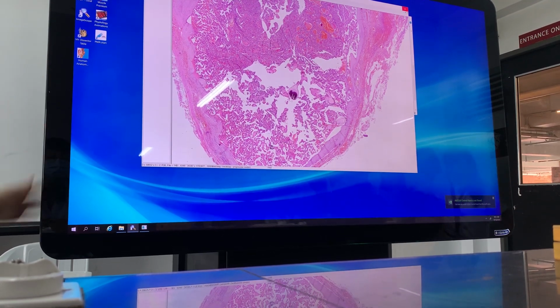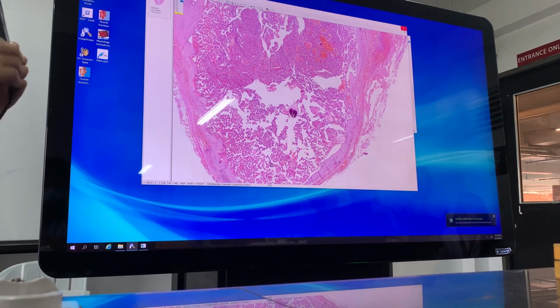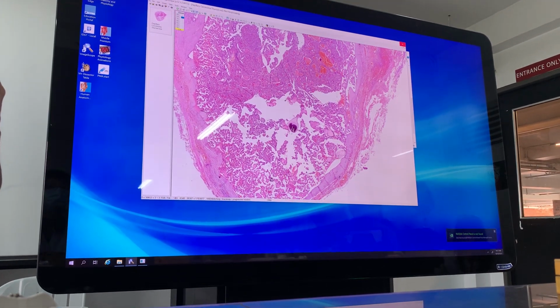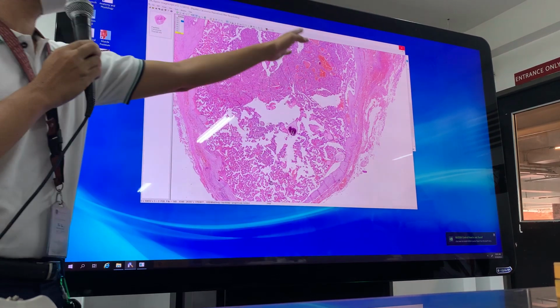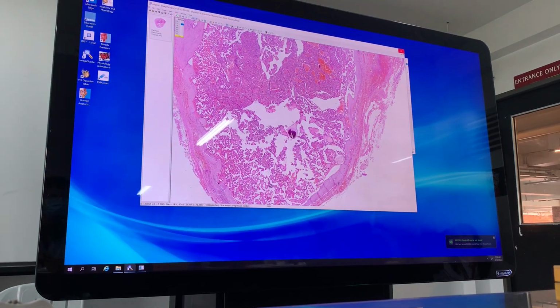So we're going to look at some other things here, and some of the things that we discussed. What we have here is actually papillary thyroid carcinoma.